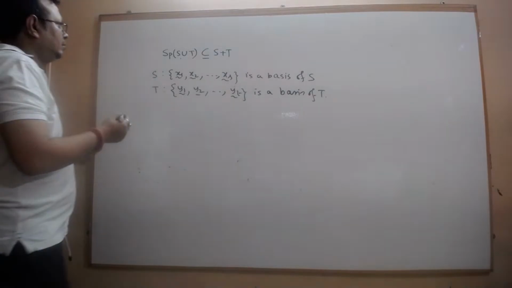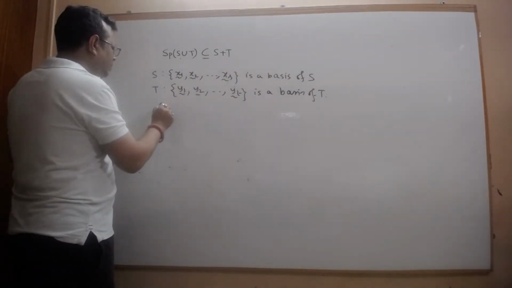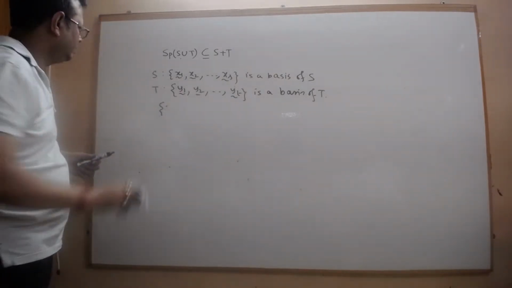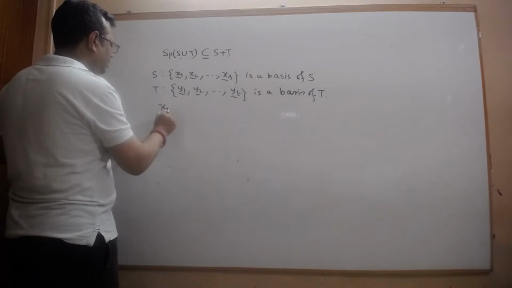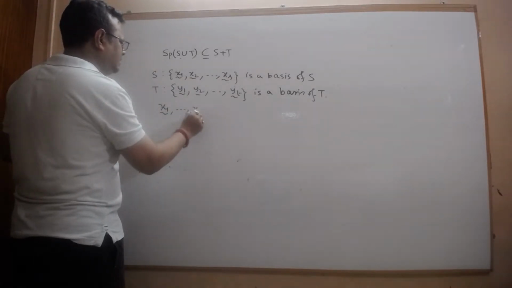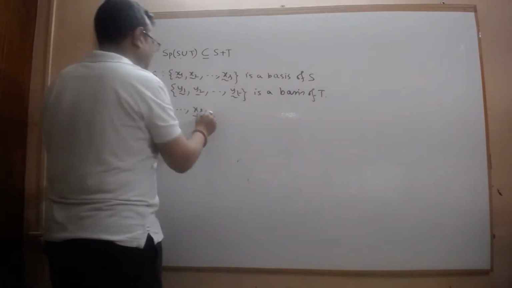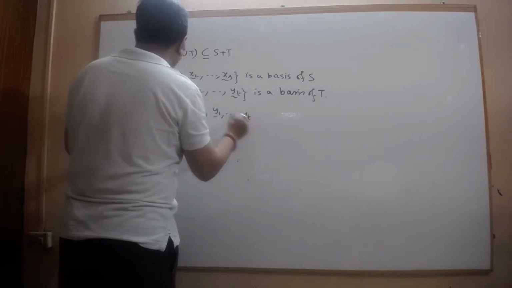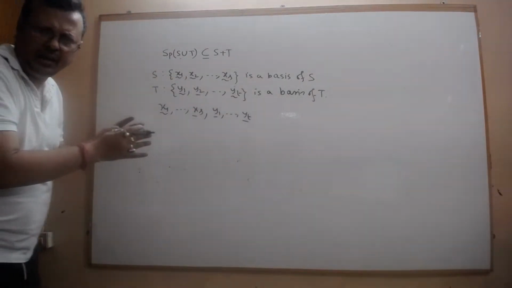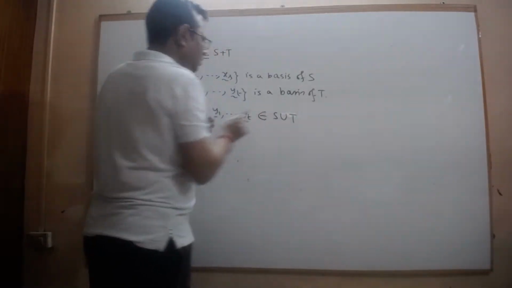So this vector x1 to xs, these are the basis of S, meaning they belong to S. Again y1 to yt, these belong to T. So this implies they belong to S union T. So now clear?